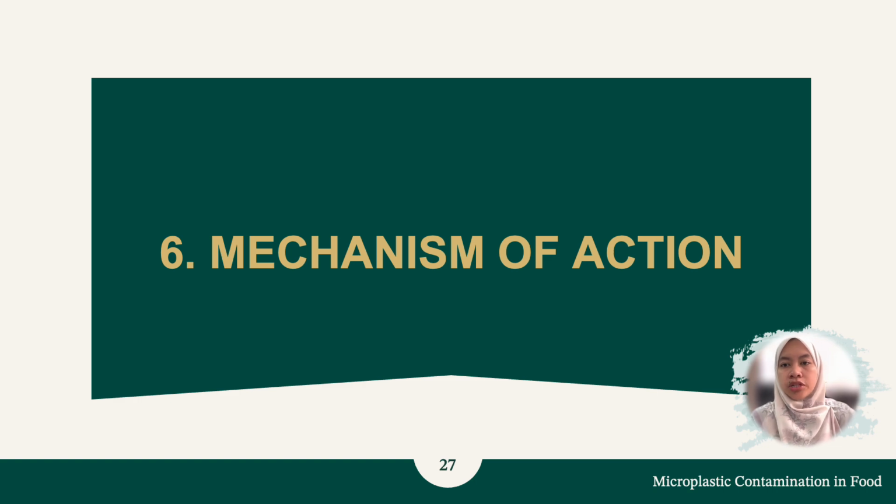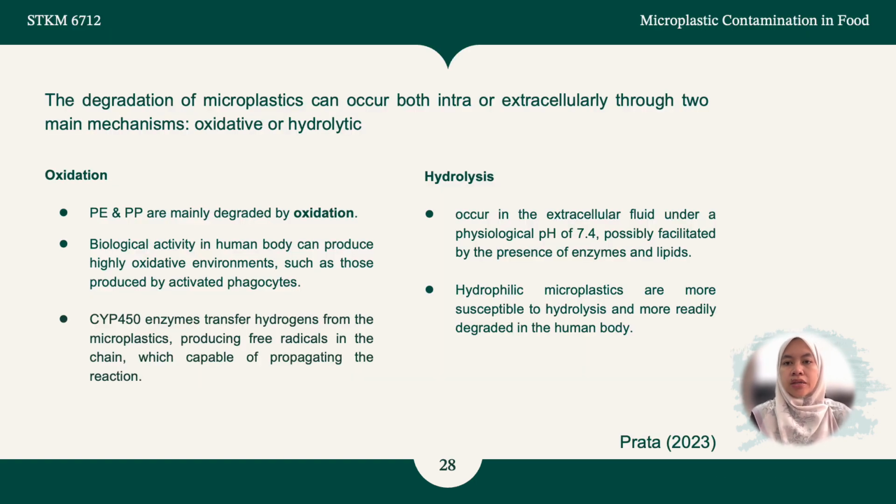Moving forward, we will cover the mechanism of action of microplastic toxicity. In the human body, degradation of microplastics can occur both intra- or extracellularly through two main mechanisms, hydrolytic or oxidative.